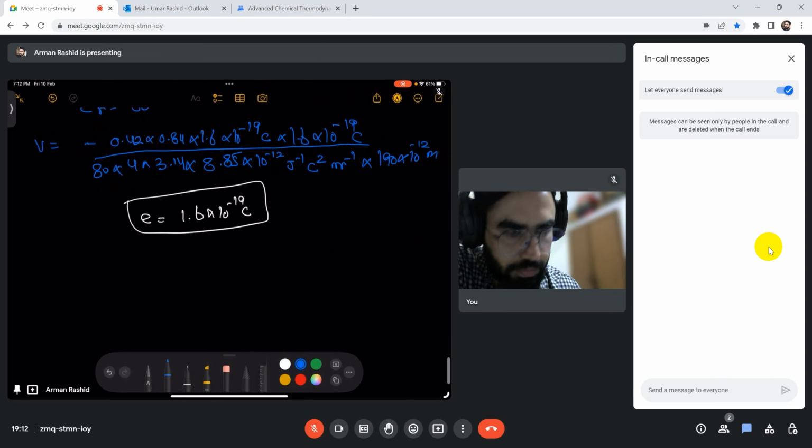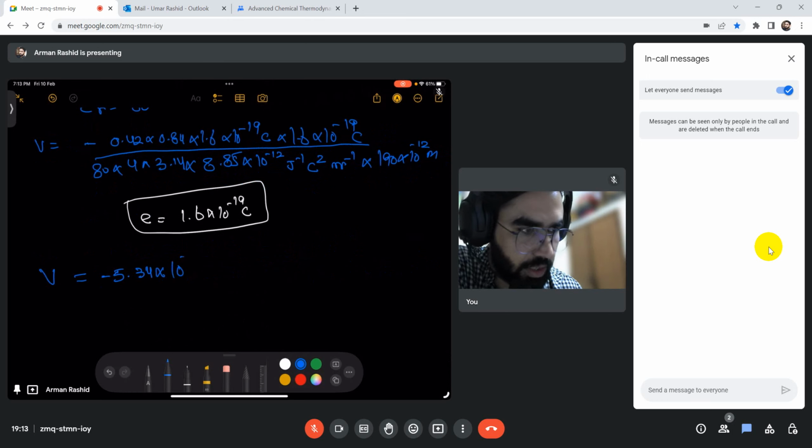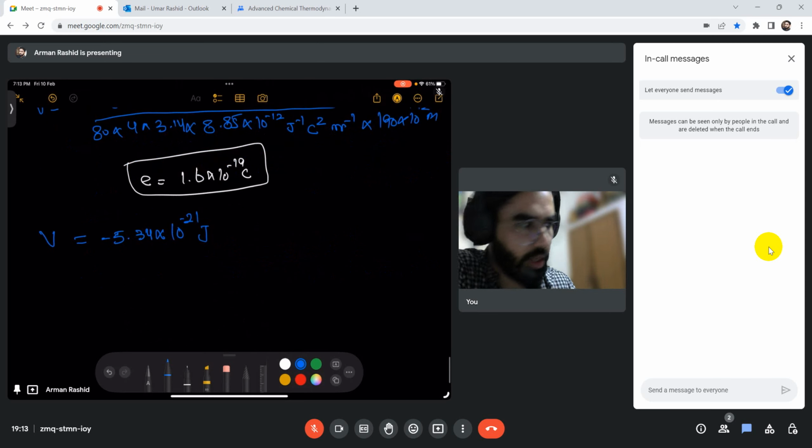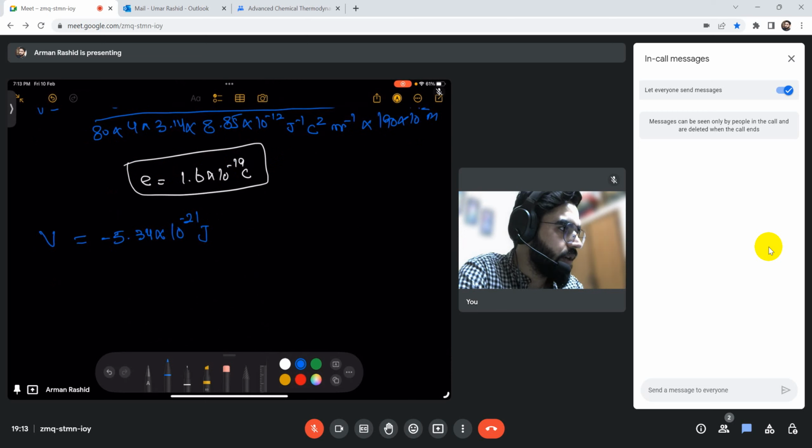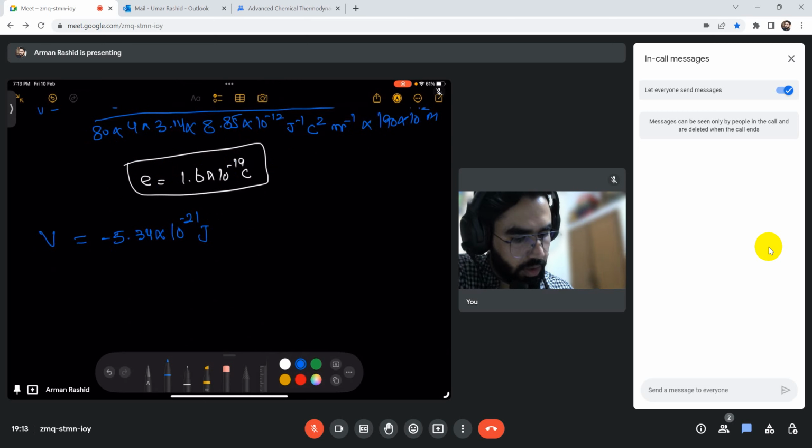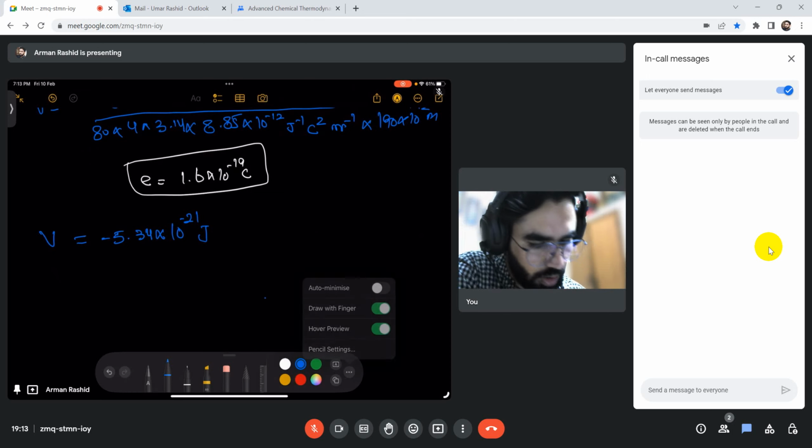So the potential energy used to break it will be equivalent to 5.34 × 10^-21 joules. Now this is the energy required to break one molecule, but here we have to break 1 mole.